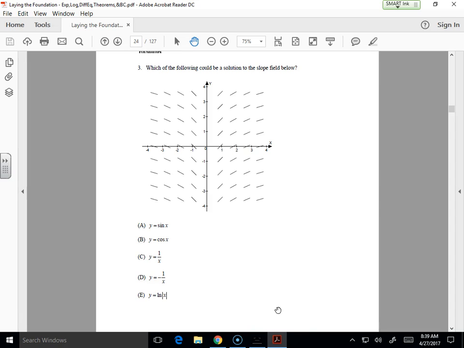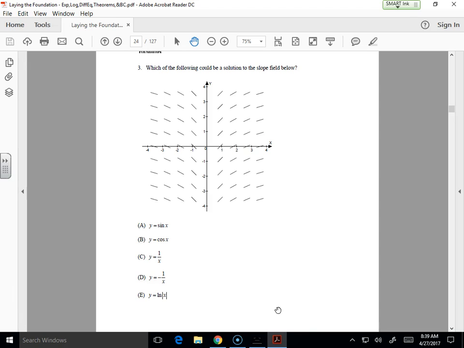Question: which one of these functions has a vertical asymptote at 0, the curve going like this? Wait. 1 over x goes like this, doesn't it? Yeah, it goes like that. -1 over x will go flipped, like that.